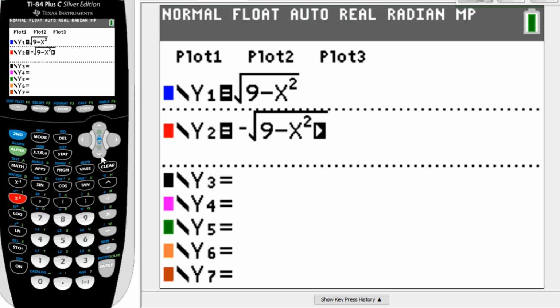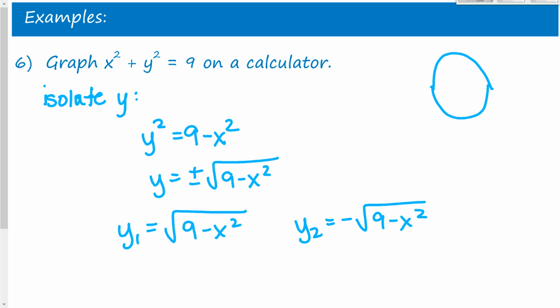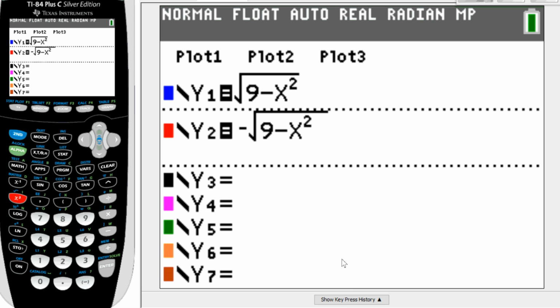Okay, now here's the thing. We know that this should look like a circle with what center? That's right, 0, 0. Remember the original equation was x squared plus y squared equals 9, so the center is 0, 0. And what's the radius? That's right, 3. So we know this should be a circle with center 0, 0, and radius 3.